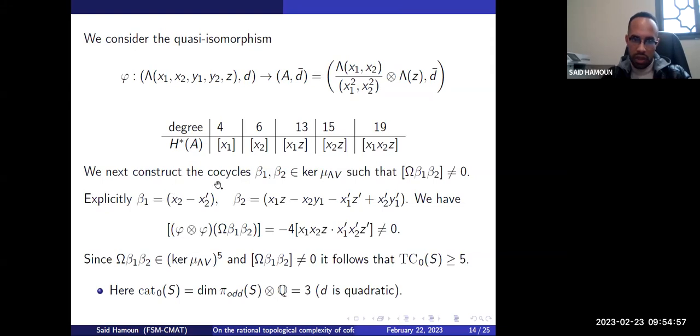Here, our idea is to construct the maximal number of cocycles in the kernel of mu lambda v in such a way that their product with the cocycle omega is non-trivial. And for this example, in particular, we construct beta 1, which is x2 minus x2 prime, and beta 2 given by this expression.